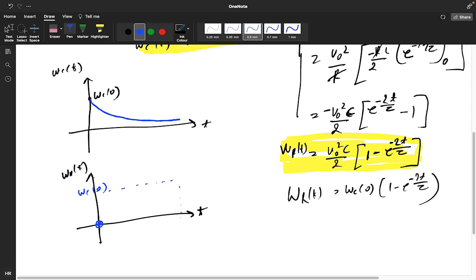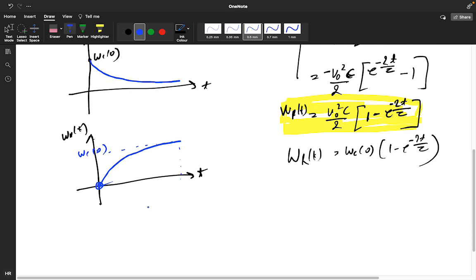So the curve will start increasing like this, increasing like this. So this was the story of the RC network, the source-free RC network.